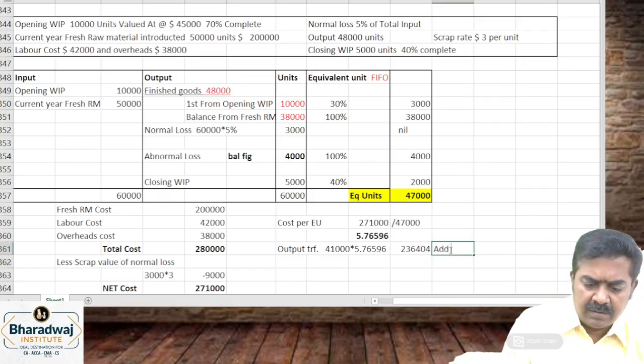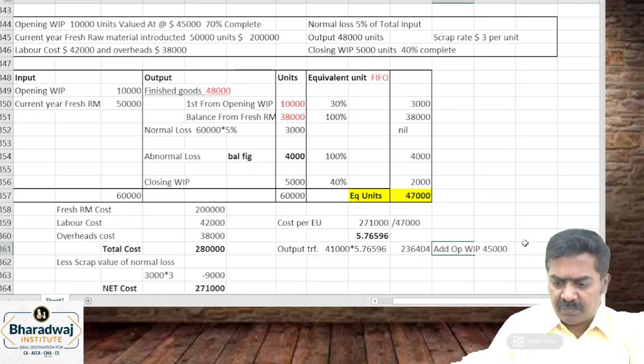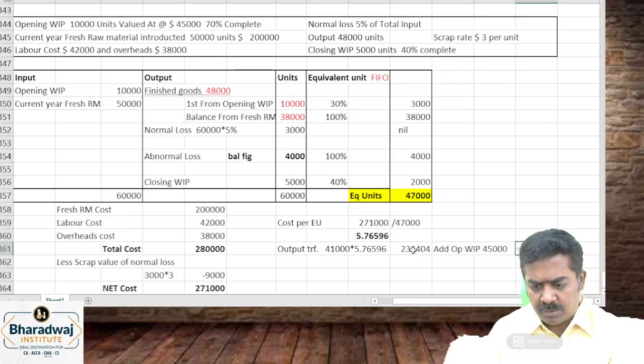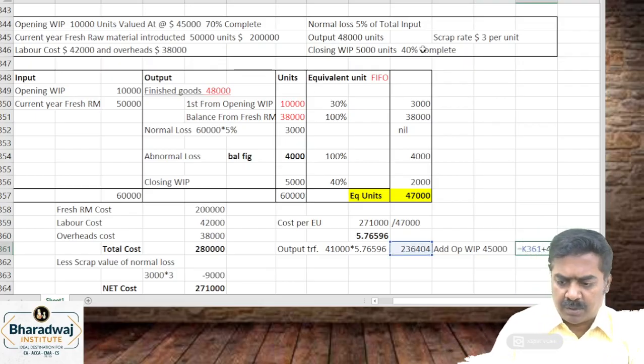Add opening WIP value. Why add opening WIP value? Because opening WIP is finished and transferred to the next process. 45,000 you include. So this value plus this opening WIP is also transferred to the next process.